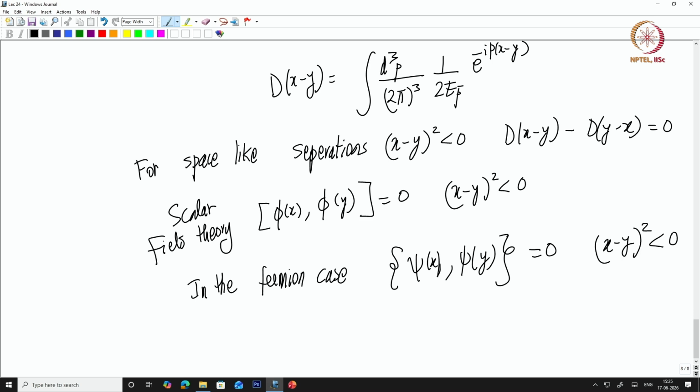What you are actually going to say is that all observables in fermions are always bilinears in the fermionic field.